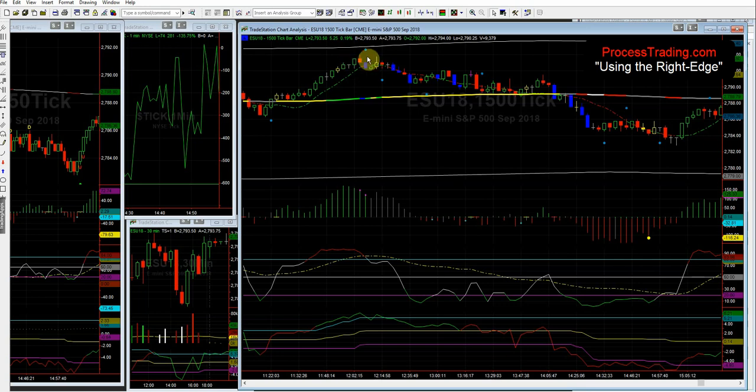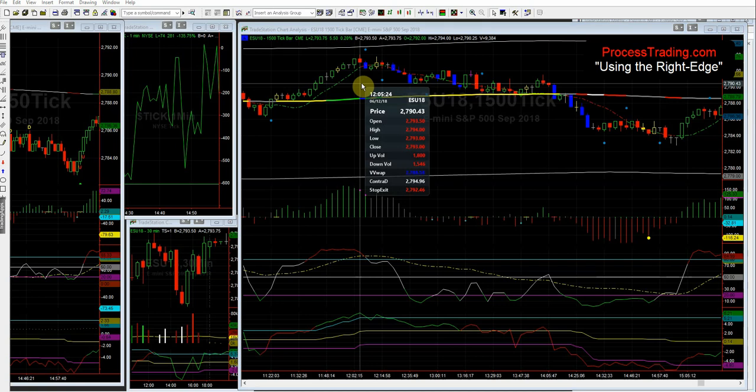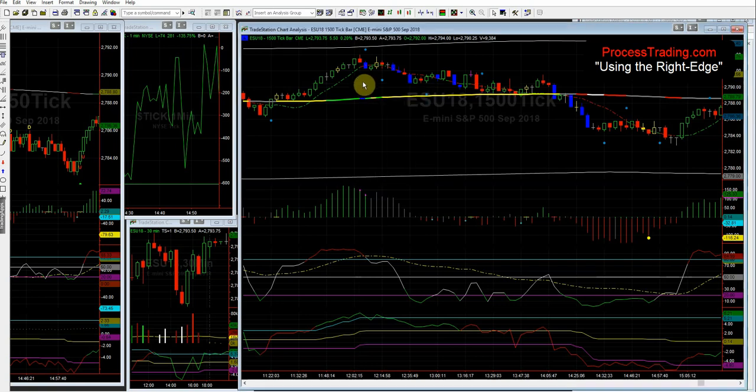So structurally, we're good right there. Then trade management wise, you place your stop loss 2 ticks above the high of that previous bar. So we would have placed our stop loss at 94.50.